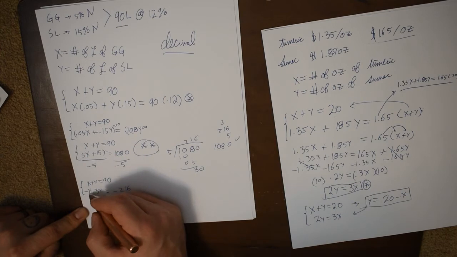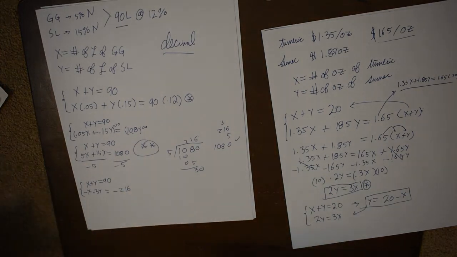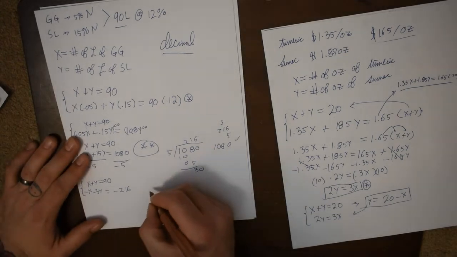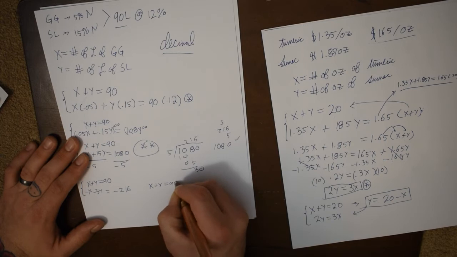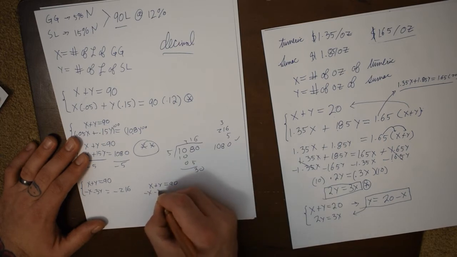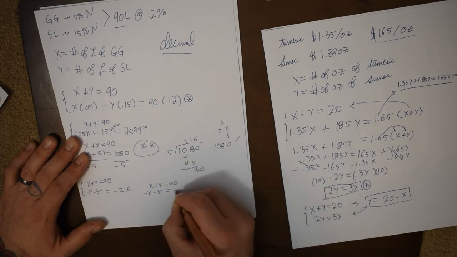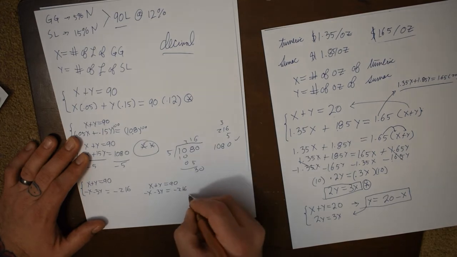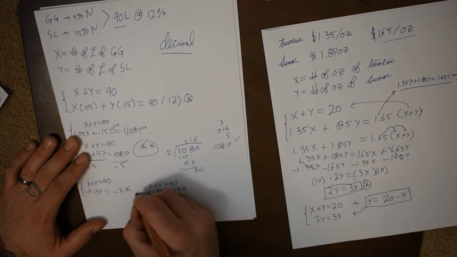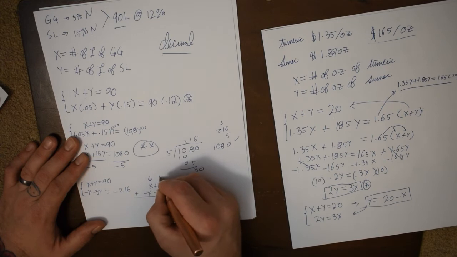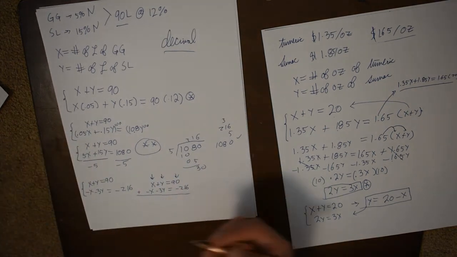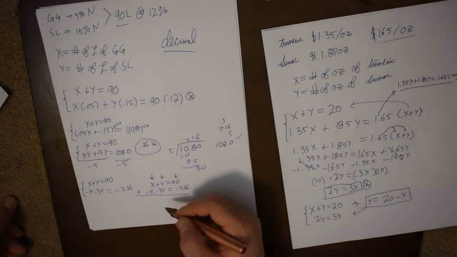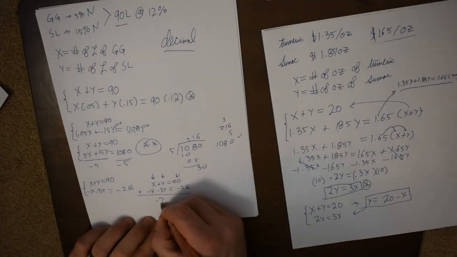Now going through with the method of elimination, we're going to take these two equations and add them together. X plus y is equal to 90, and -x minus 3y is equal to -216. Make sure you have an x column, a y column, and a constant column. X plus -x gives us no x. Y take away 3y gives us a -2y.